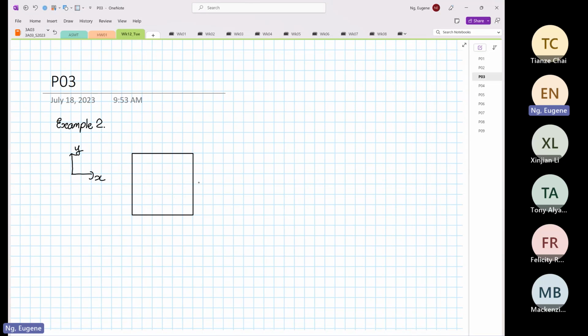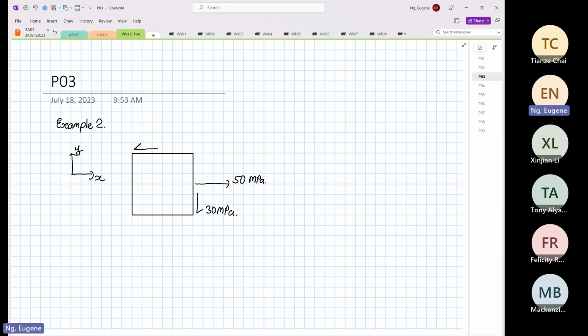So the element has a normal stress of 50 megapascal. Okay. And then it has a negative shear of 30 megapascal. It has a negative shear of 30 megapascal.